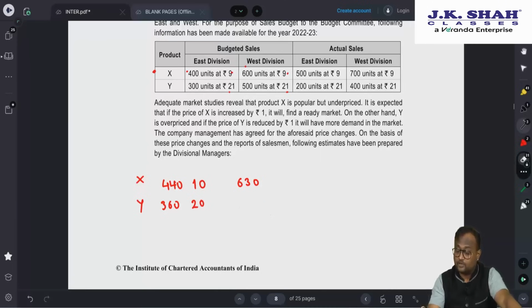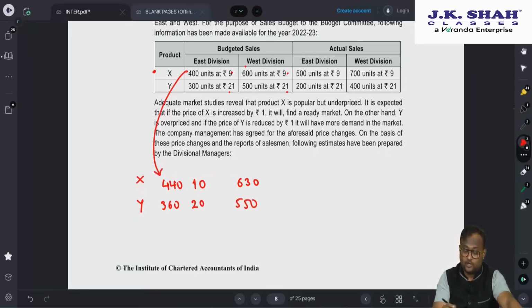This is 500, so 550. Understood this? Instead of 400, it is 440. Instead of 600, it is 630. Instead of 300, instead of 500. And in all cases, selling price will also be 10 and 20.